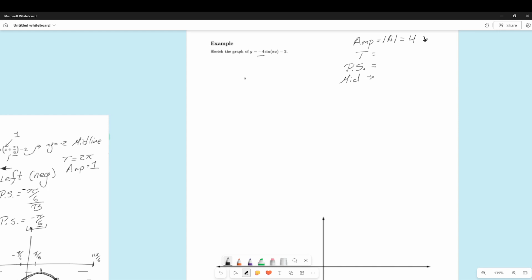It's positive 4 as the amplitude, but remembering that it's going to be in the negative orientation is helpful. Our period is going to be our standard period, 2 pi, divided by our compression coefficient, or speed factor, however you want to conceptualize it. So divided by pi, those are going to cancel, so it gives a period of 2. We're not adding or subtracting another term in there, so there's no phase shift. And our midline is at that D value, so the midline is at y equals negative 2.